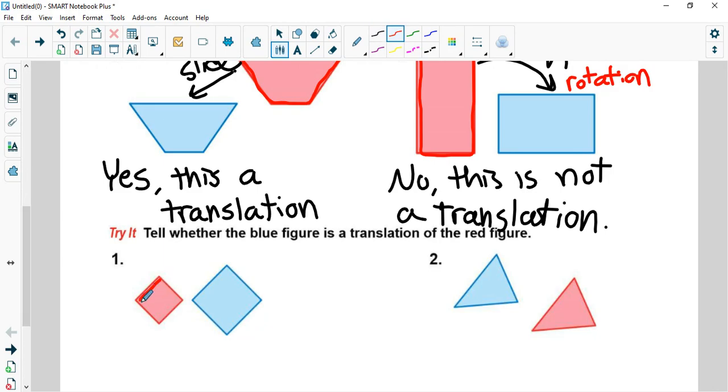To go through what the answers are, again, if I take this red one and I slide it over, is there any way that I can slide this so that it fits on top of the blue one exactly? No, there is not.